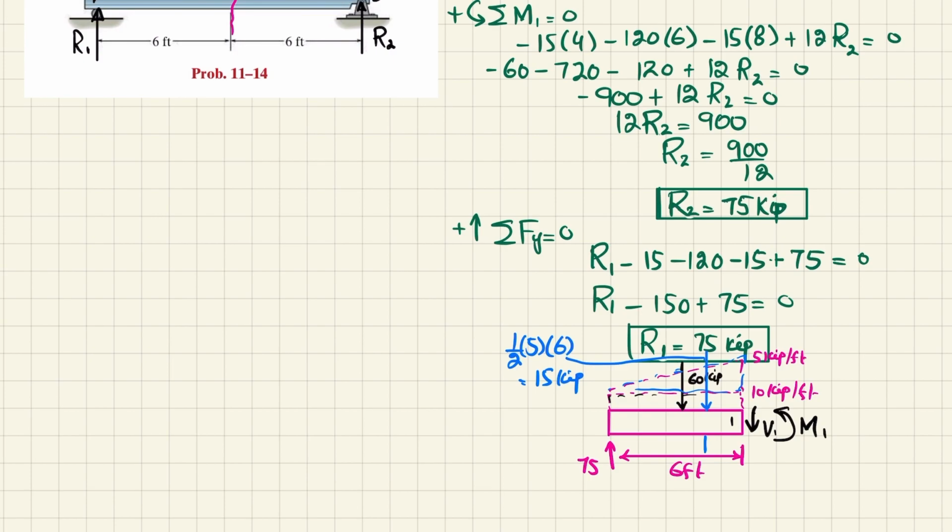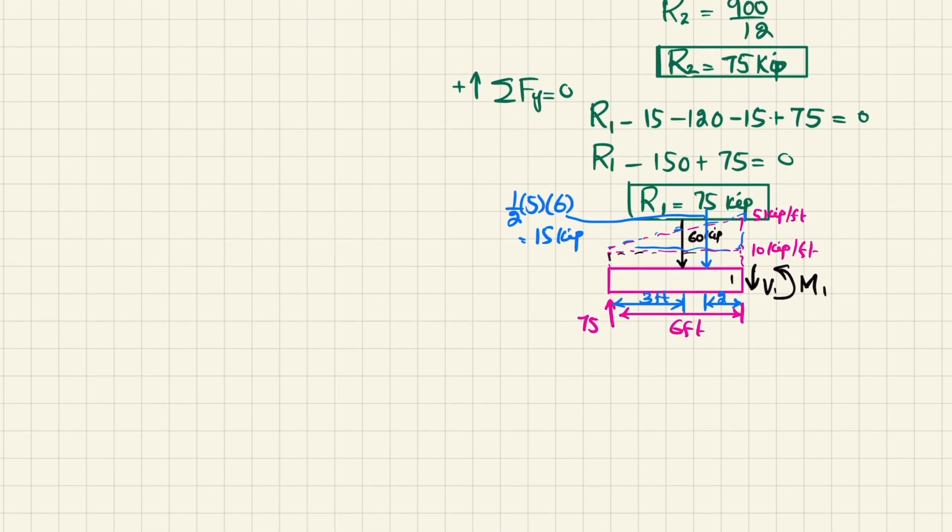So L is 6, so 6 by 3 is equal to 2 feet. And this uniformly distributed load will act at half of this total length, which is 3 feet.